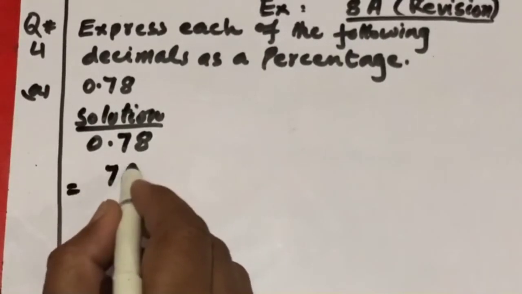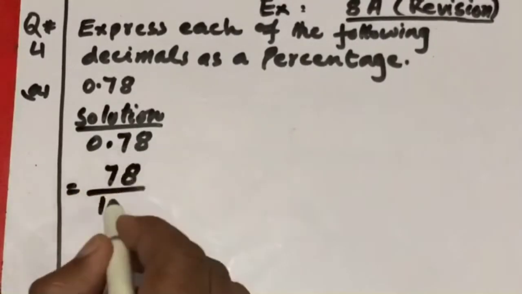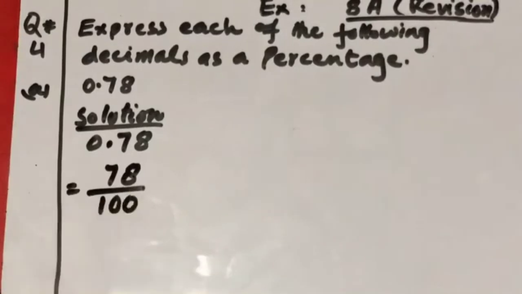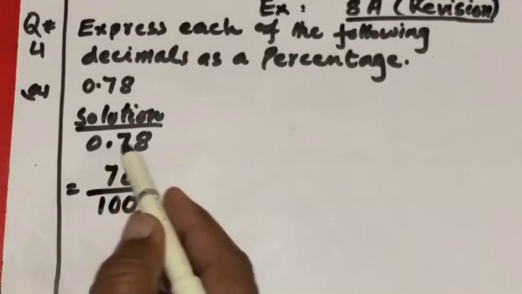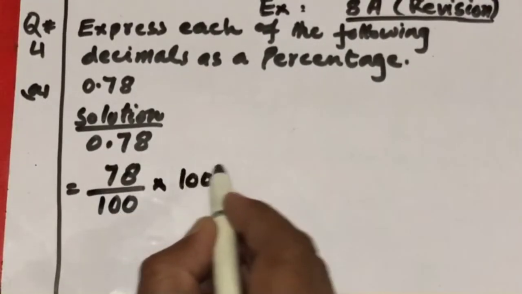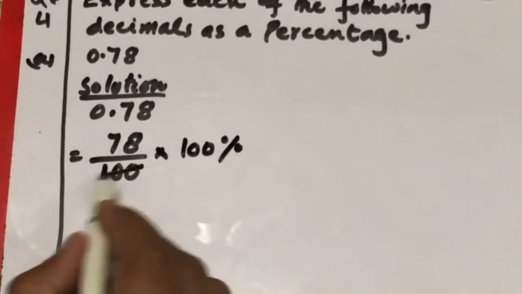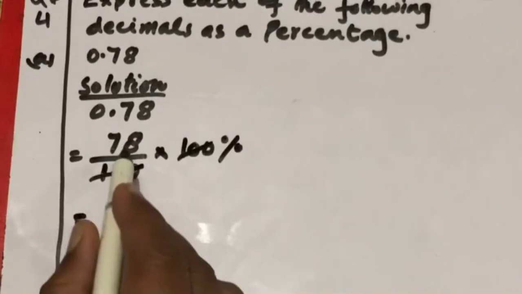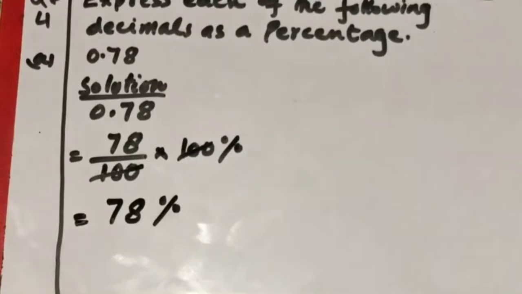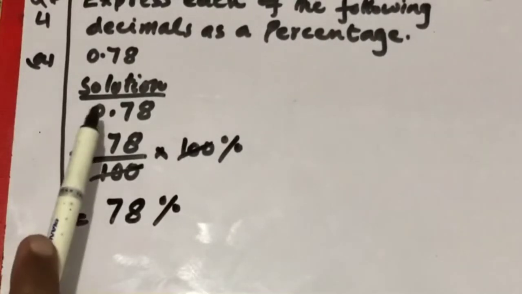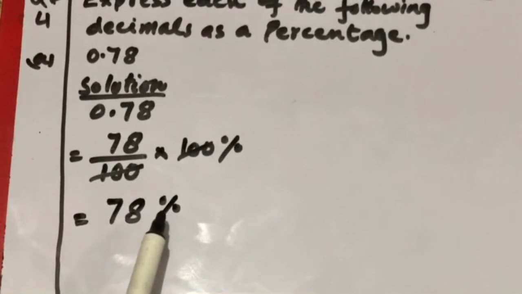It becomes 78 over 100: the point is replaced by 1, and since there are 2 digits after the point, we place 2 zeros with the 1. Now 100 will cancel out 100 and we have 78 and the percent symbol. So the decimal number 0.78 can be written as a percentage as 78%.